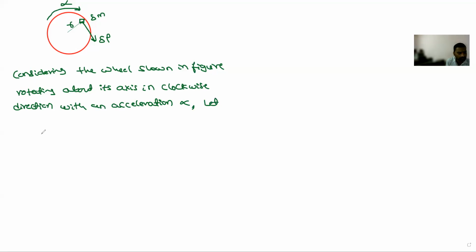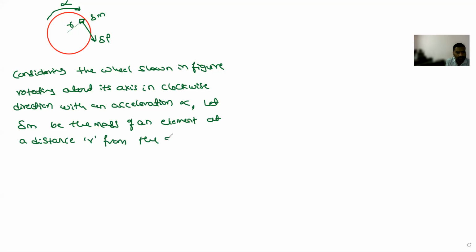Let delta m be the mass of an element at a distance r from the axis of rotation.